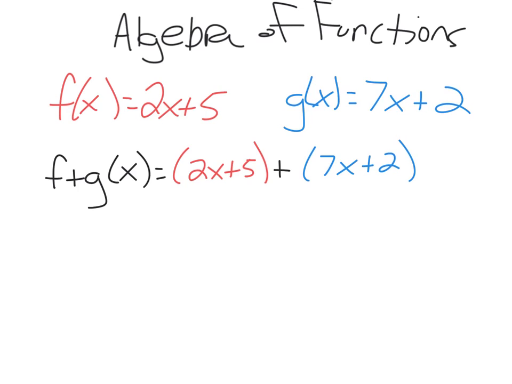Okay, so then f plus g of x would be what? F plus g of x would be what in this case? 9x plus 7. Okay, there you go. Is that okay? Nice and easy.